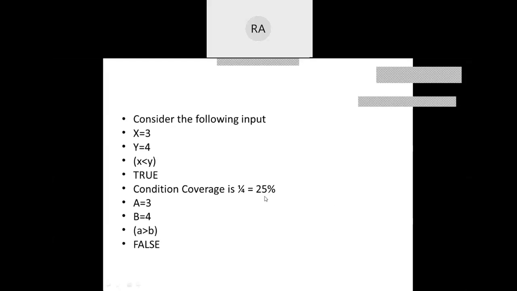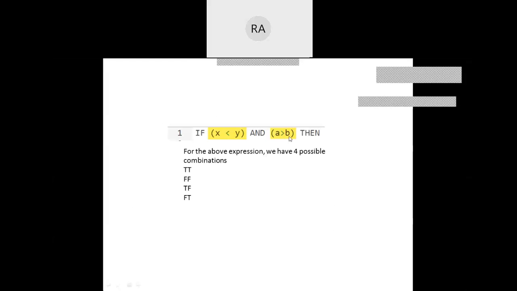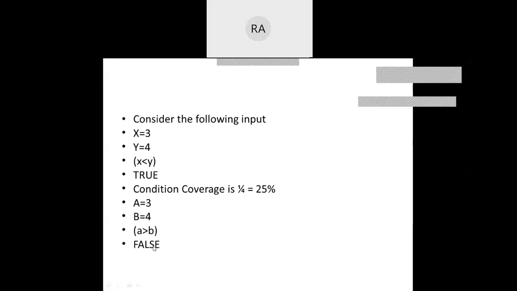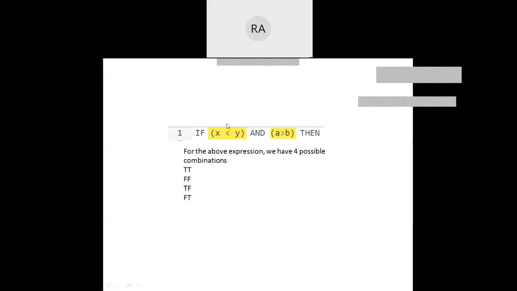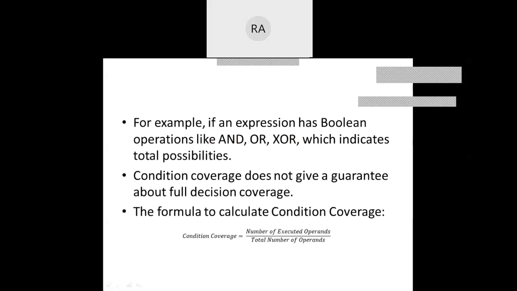Suppose a is equal to 3 and b is equal to 4. What is that? It is evaluated to false. Here the condition coverage only with respect to this I have considered, so it is 25%. Here the number of executed operands, out of 2 operands, only one is getting executed out of 4 operands, true and false.